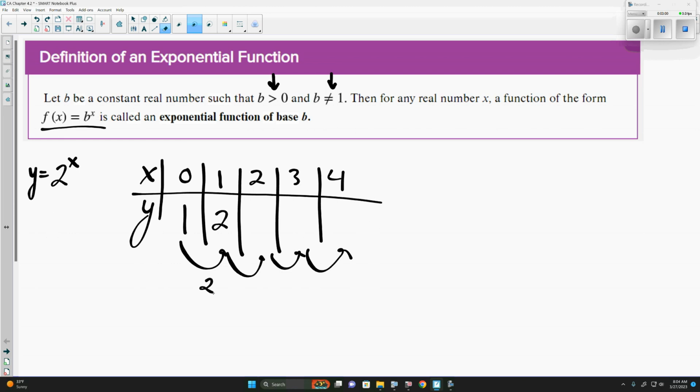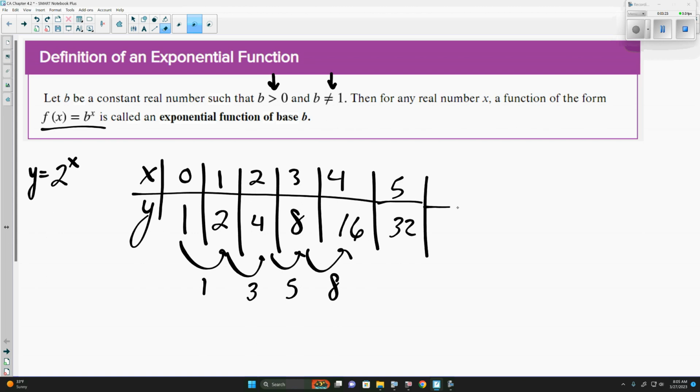So we increased, not so much by 2, but we have a difference of 1. 2 squared is 4. 2 to the third is 8, difference of 4. 2 to the fourth is 16. 2 to the fifth is 32. 2 to the sixth is 64. And we see that we're starting to increase pretty quickly. And that's just for 2.